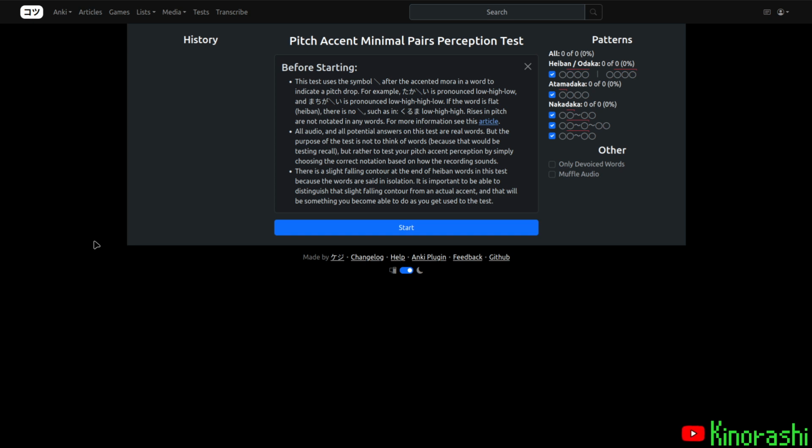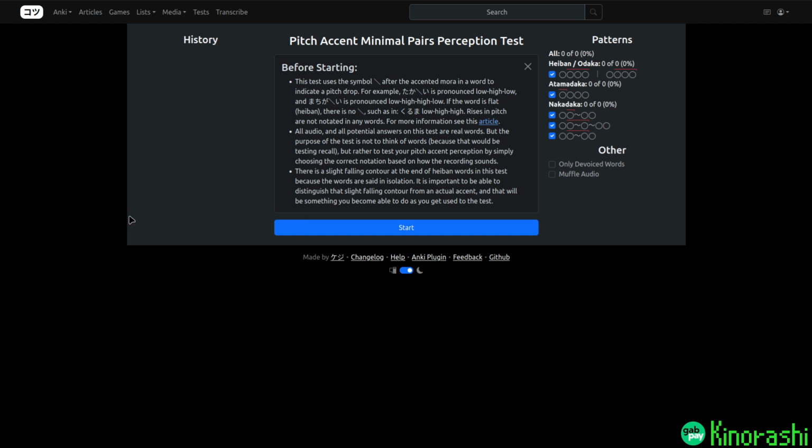So, let's review. Heiban: low, and then high. Atamadaka: high and then low. Nakadaka: low, high, low, all within the same word, and then continuing into the particle low.